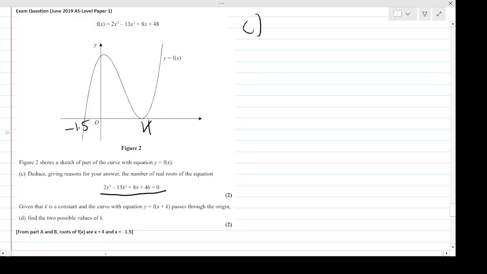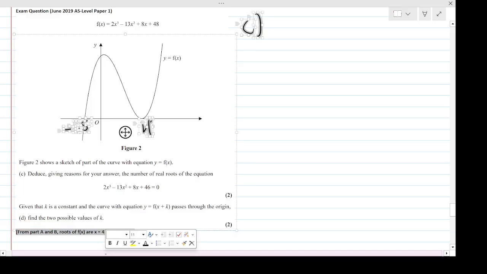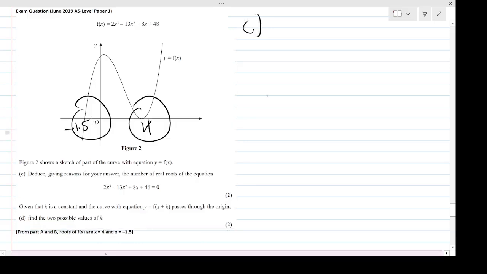Okay, so you might think, well, these are the same equations, right? What's different? Surely the number of real roots is just how many times it crosses the x-axis, so it's 2 times. However, this is where you've got to look carefully. Compare closely what we've got. I have 2x cubed here, 2x cubed there, right?